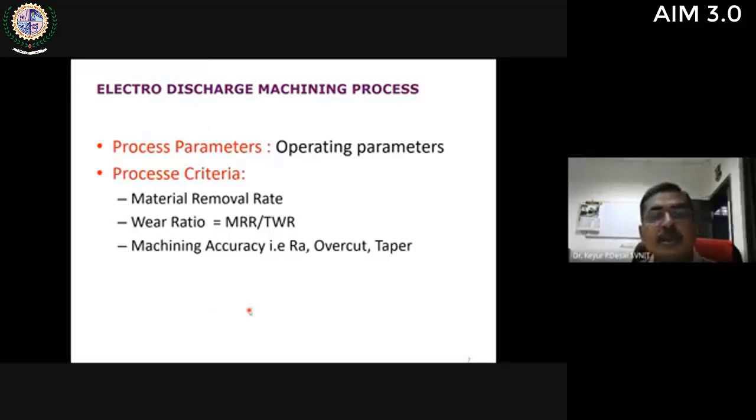The process has certain operating parameters, which may be electrical parameters. In the cavity sinking process, the tool is gradually moved down and dipped into the workpiece to generate the desired cavity, meaning that a specific tool shape will generate a specific shape of the cavity.